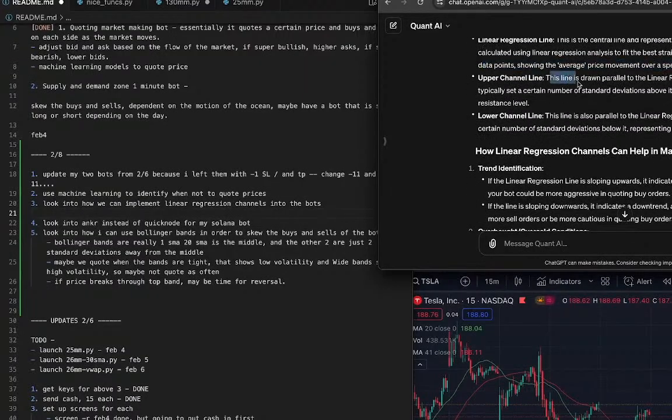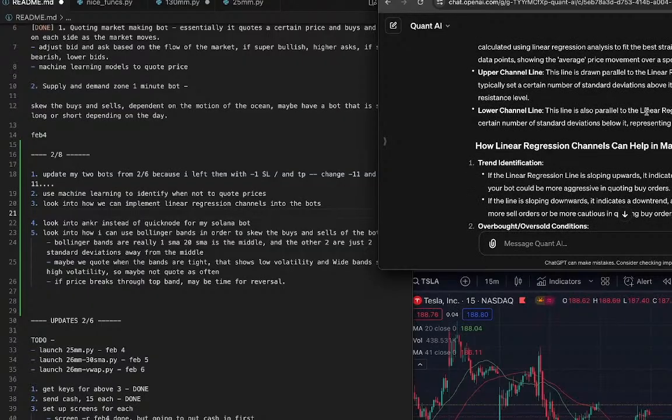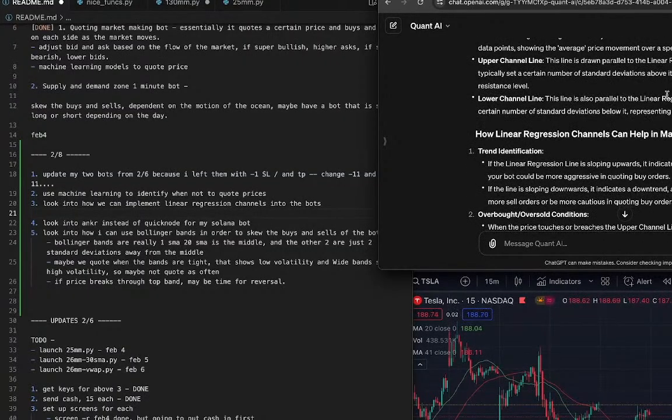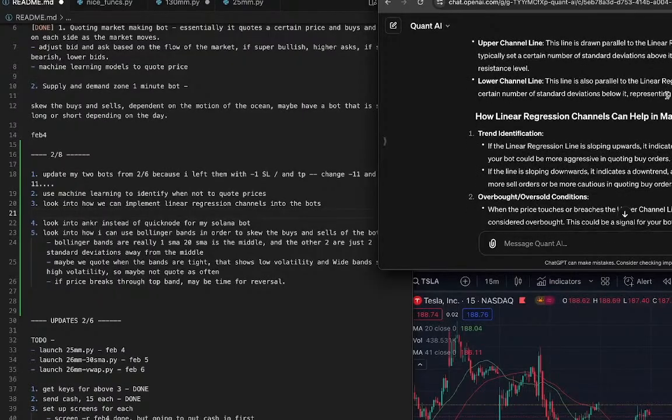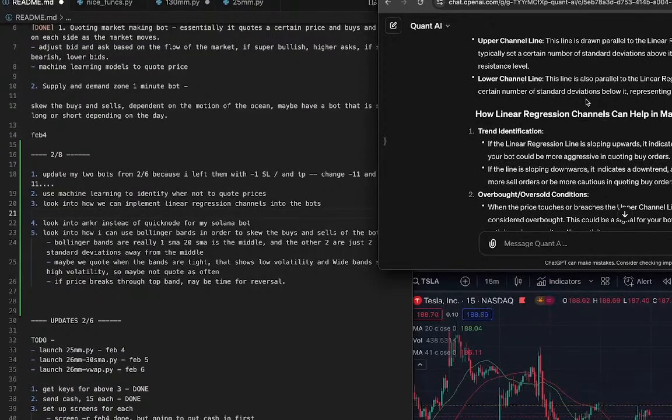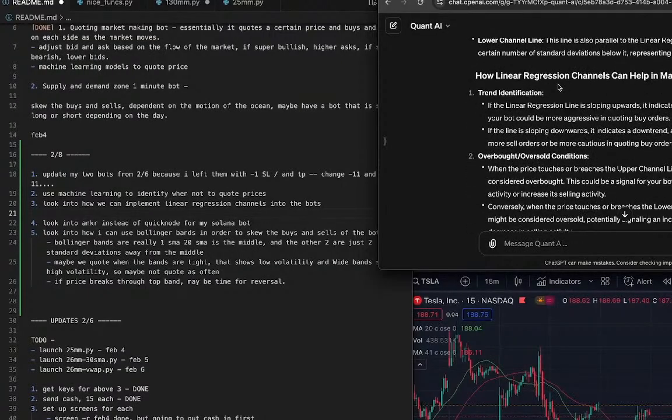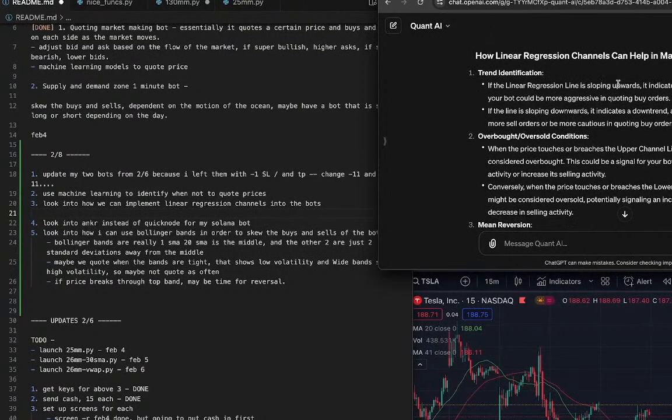The upper channel line, this is drawn parallel to the linear regression line and is typically set a certain number of standard deviations away above it. It represents a potential resistance level. Low channel line, this line is also parallel to the linear regression line, but is set a certain number of standard deviations below it. How linear regression channels can help in market making.